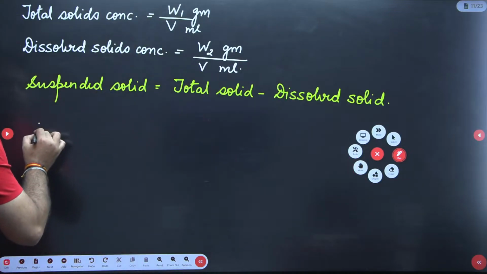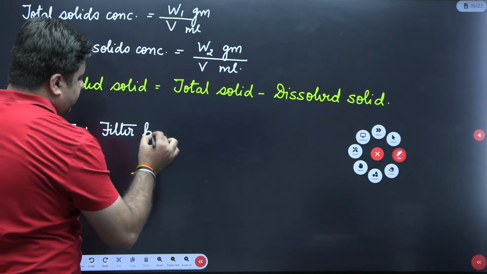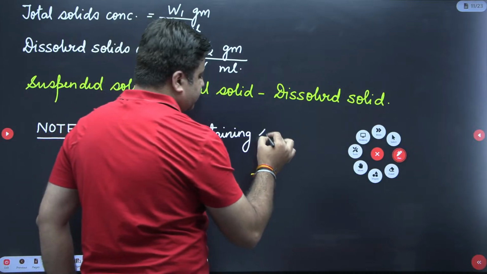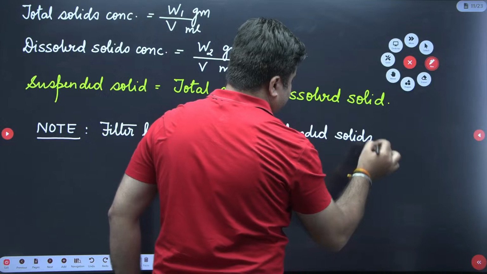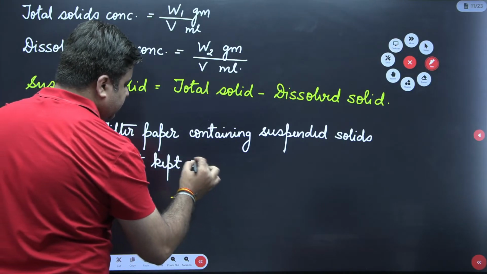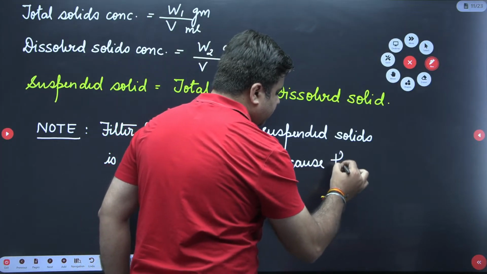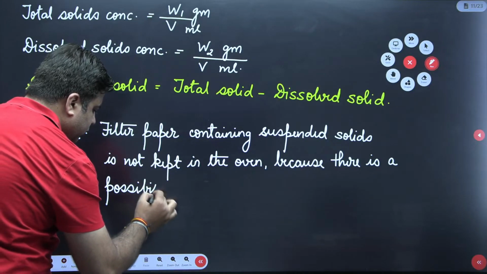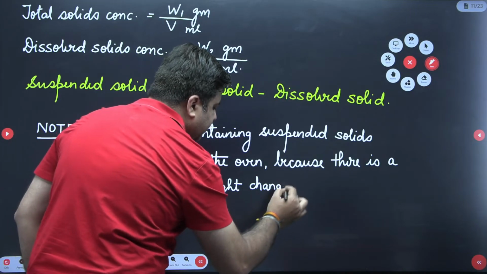So you can write this down as a note: filter paper containing suspended solids is not kept in an oven, because there is a possibility of weight change of the filter paper.